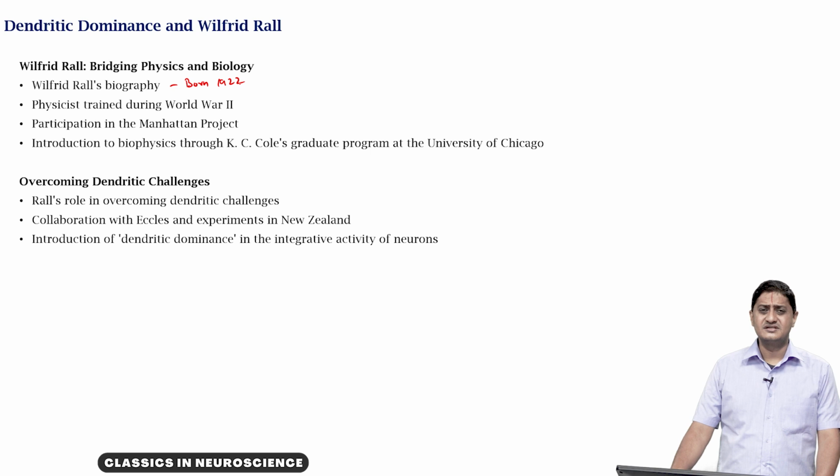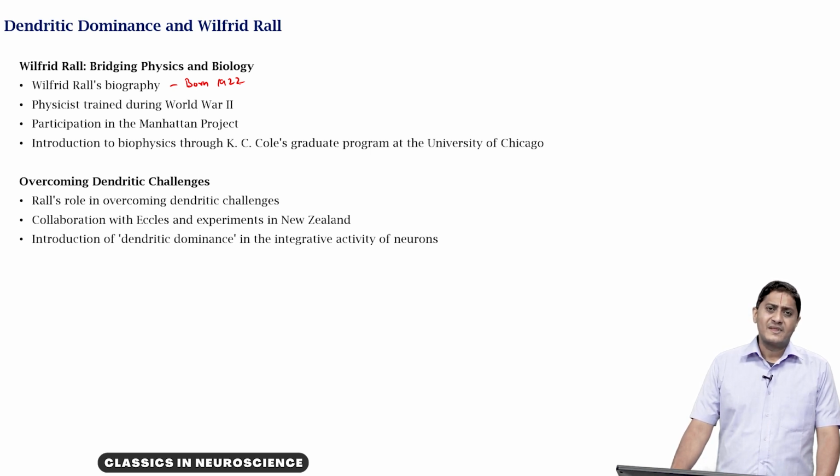In the 1950s, Eccles and his group published data that suggested that when there was injection of electric current into the cell body, there was decaying of the response that can be interpreted to be a single exponential, as we would expect from a resistor capacitor or RC circuit with some time constant.